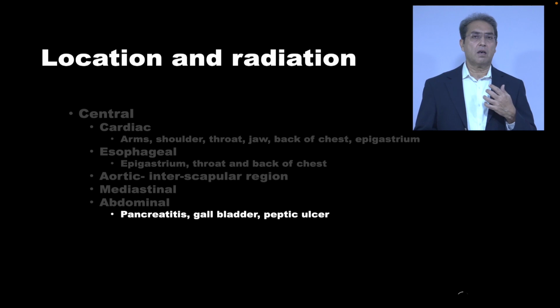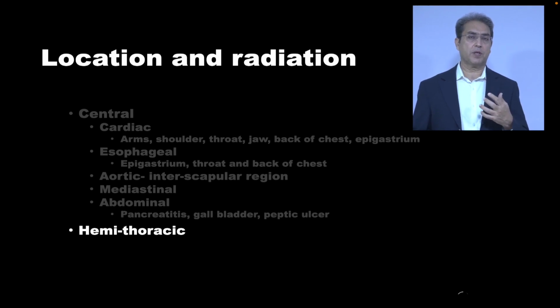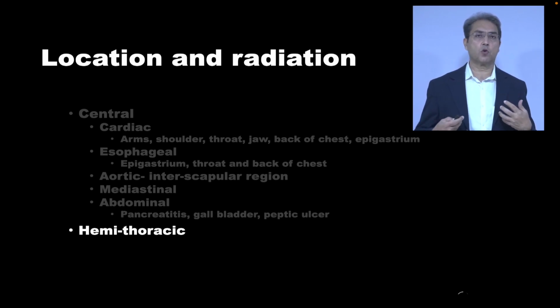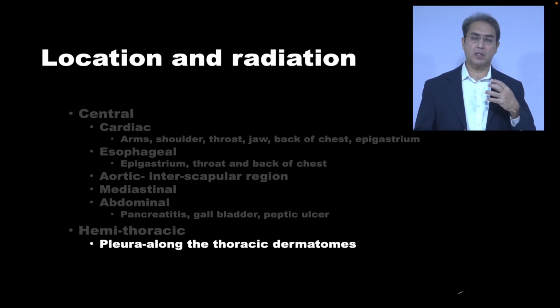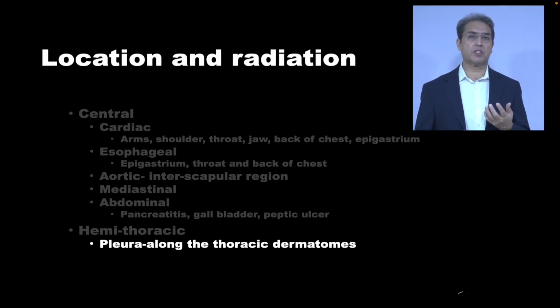And then we have hemithoracic pains, which are present on either side of the thorax, either right or left. These pains usually arise from the parietal pleura. They usually radiate along the affected dermatomes of the chest.